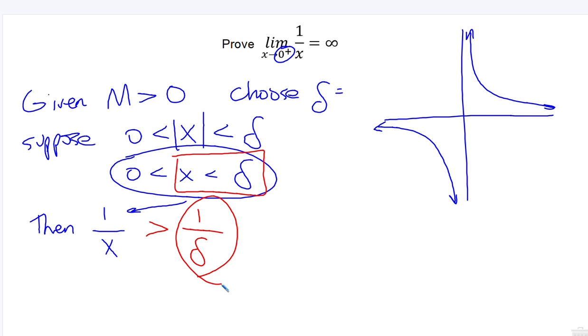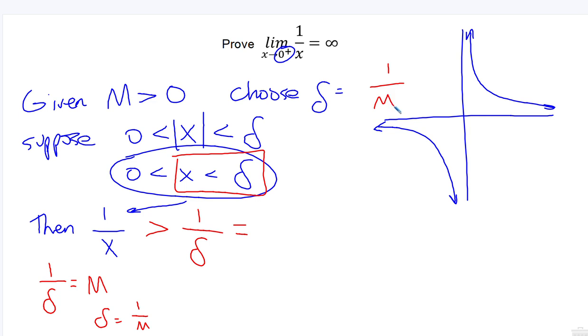So if 1 over delta was M, then we could figure out a delta to choose. Delta should be 1 over M if we cross multiply. So we'll choose delta to be 1 over M.